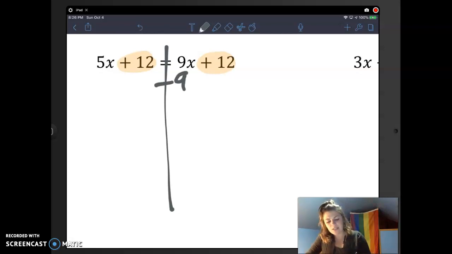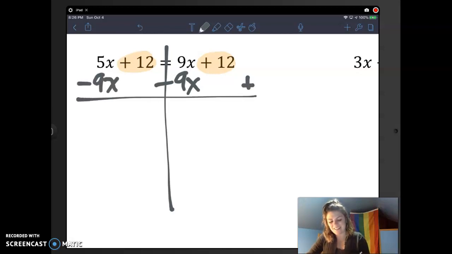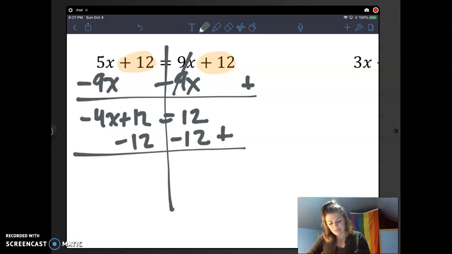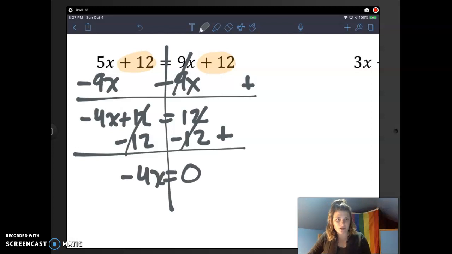So first you cancel the x's on the right, on the right. So we get negative 4x plus 12 is equal to 12. Then you cancel the numbers on the left, on the left. So I'm minusing 12. Always add top to bottom. And what ends up happening is we get that they cancel on both sides, so we have 0.